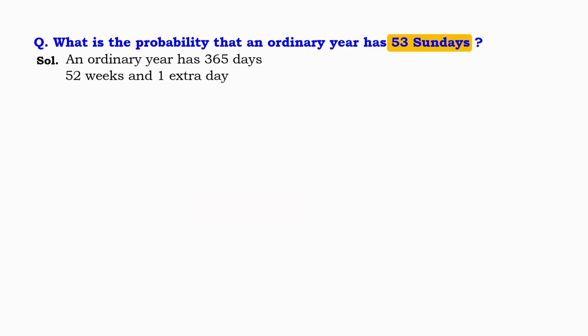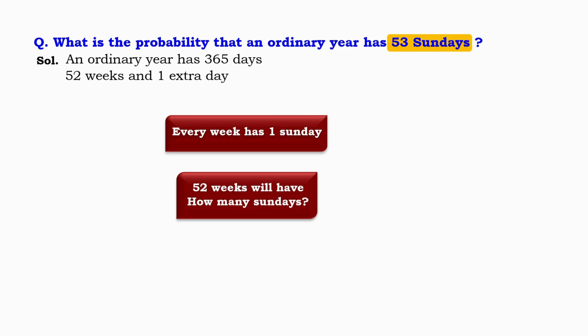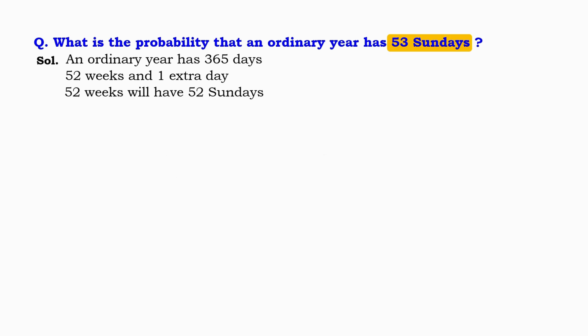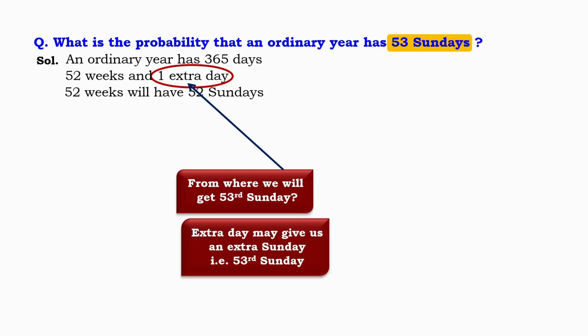In 52 weeks, every week has a Sunday, so how many Sundays will there be? In 52 weeks there will be 52 Sundays. Now from where will we get the 53rd Sunday? Because they have asked for 53 Sundays. There is one extra day, and that day can be Sunday, Monday, any day, right?